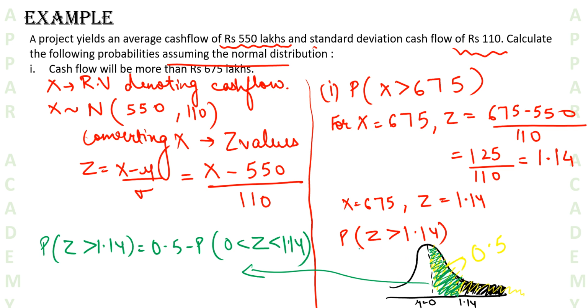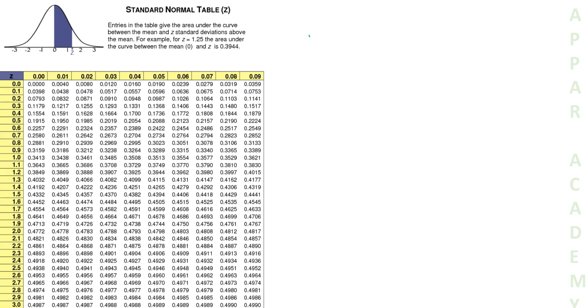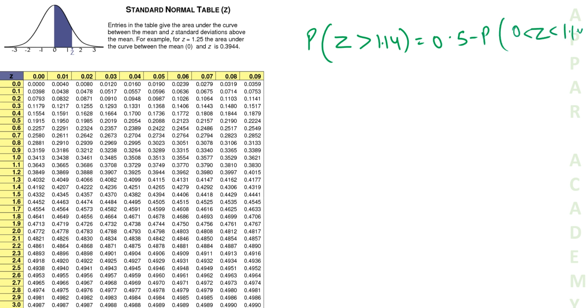So now let's write it down and use the table to practice it. The probability that Z is greater than 1.14 is equal to 0.5 minus the probability that Z lies between 0 and 1.14. I have simply written it down from here for your convenience. How do we calculate the probability that Z lies between 0 and 1.14? We search for one place after the decimal in the rows section, and then we move towards the column section.